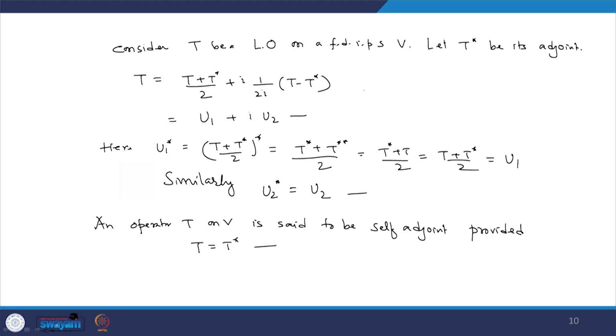So, from the above relations, T can be written as U1 plus i U2, where both U1 and U2 are self adjoint. I am not saying that the operator T is self adjoint, but if you give me any linear operator on a finite dimensional inner product space, I will be able to express it as a sum of two self adjoint operators following the complex number pattern, U1 plus i U2, where i is basically root over minus 1.